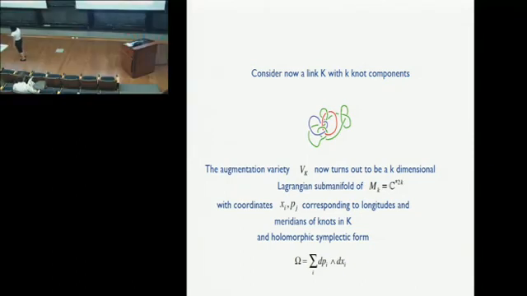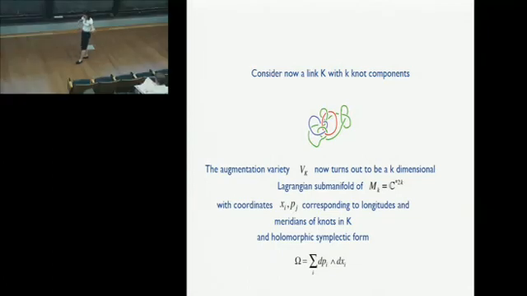So in this case, the augmentation variety, which captures the moduli space, is naturally a k-dimensional manifold. And in fact, it turns out to be a k-dimensional Lagrangian submanifold of C to the 2k. So C to the 2k simply comes from taking holonomies along the longitude and the meridians of all the knot components. If there are k knot components, there are 2k of these.